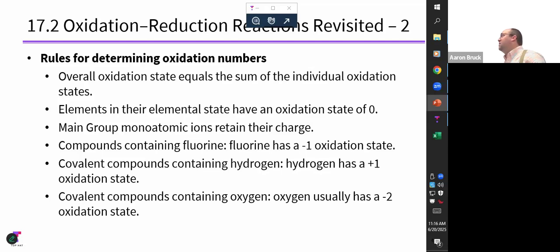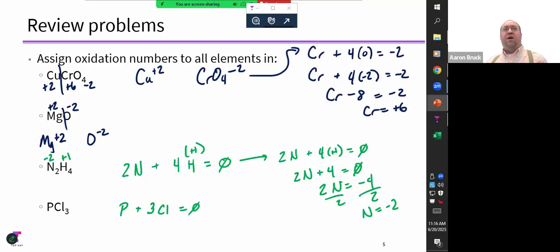How do I go about this? Well, this third bullet point gives us a clue. Main group monatomic ions retain their charge, but here's the problem. Phosphorus, its normal charge is -3. Chlorine's normal charge is -1. If I put all of that together, I get -6. That's not right.